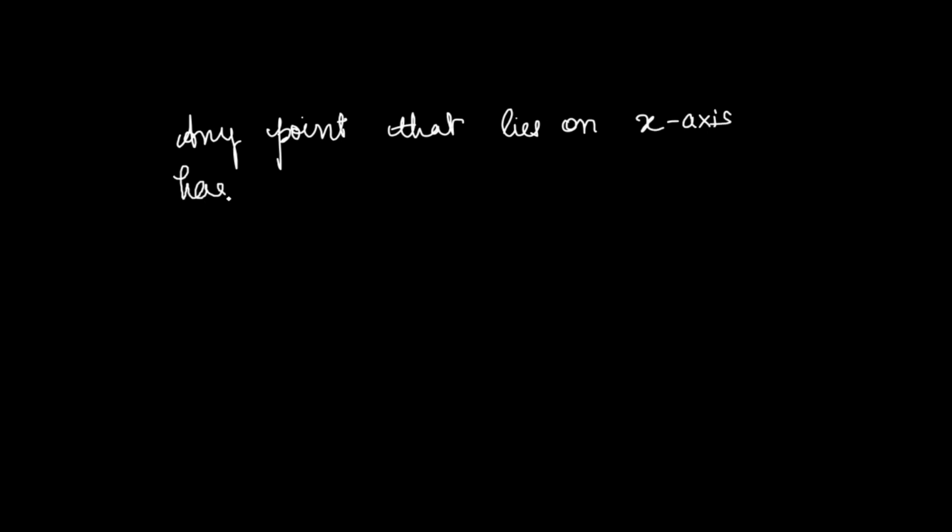Okay, so what do we see? Any point that lies on the x-axis has a y-coordinate 0. The y-coordinate is the distance from the x-axis. So the point's coordinates will be (x, 0). It will have some value for x, some value for the distance from the y-axis.